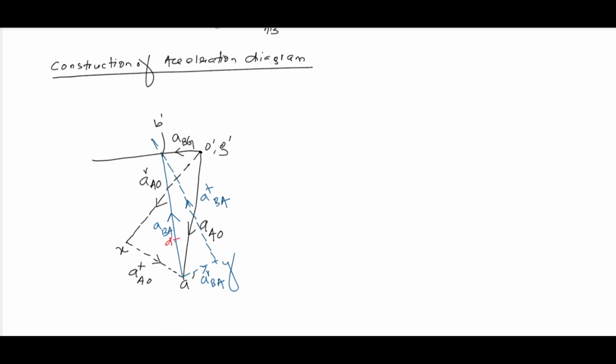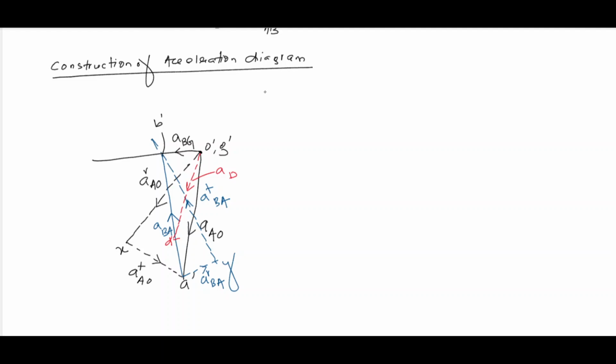So you locate D dash on this line A dash B dash, then you join O dash D dash, and this will give you the acceleration of point D if you measure it. So this is the total step.